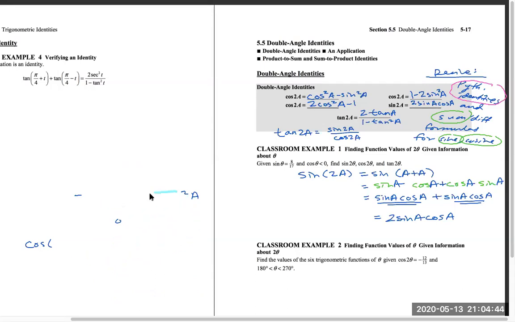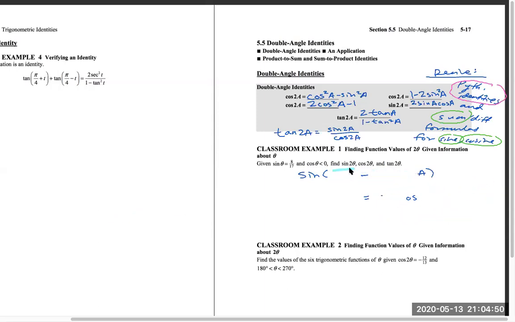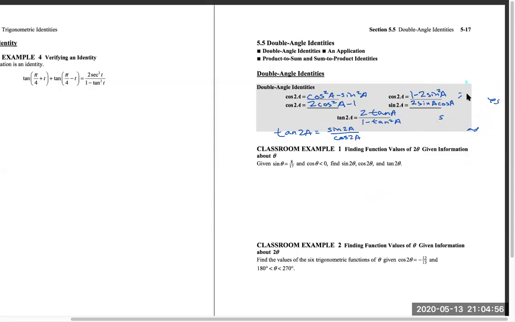Sorry, it's going to take me a minute since I have not figured out how to delete everything but a certain section. All right, perfect. So we have 1, 2, 3, 4, 5, 6 different formulas that we can use.